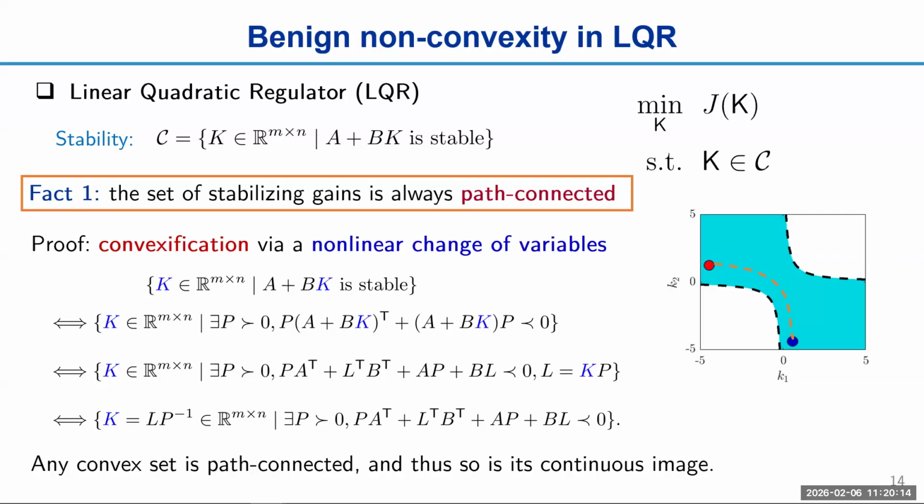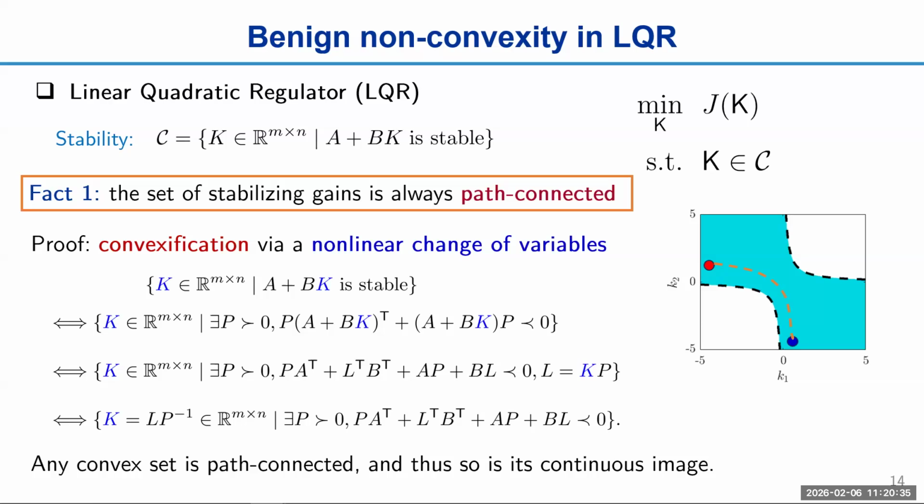Right, jointly in P and K it's not convex. So we switch to L, and now it becomes not a projection. It's kind of a non-linear map, an image of a projection of a convex set.